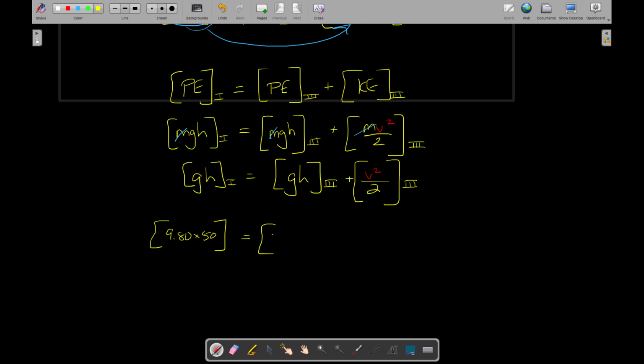So the gravity again is 9.80 times 34 meters, plus velocity squared over 2. Oops, wrong color.